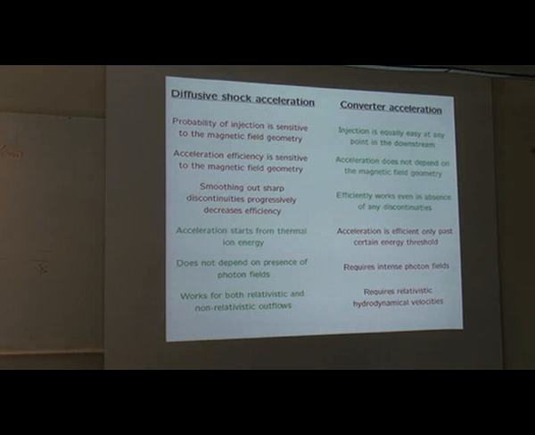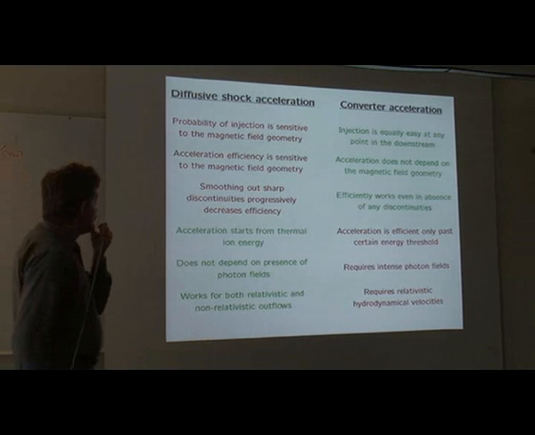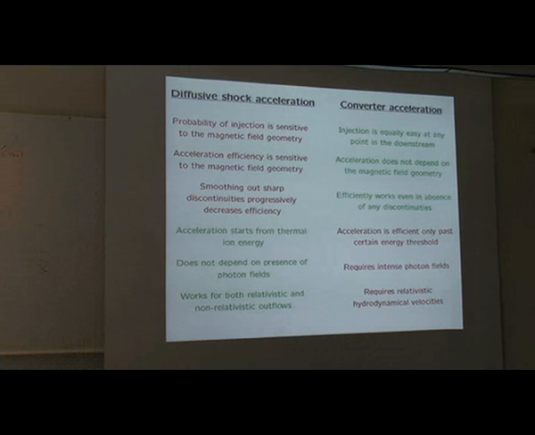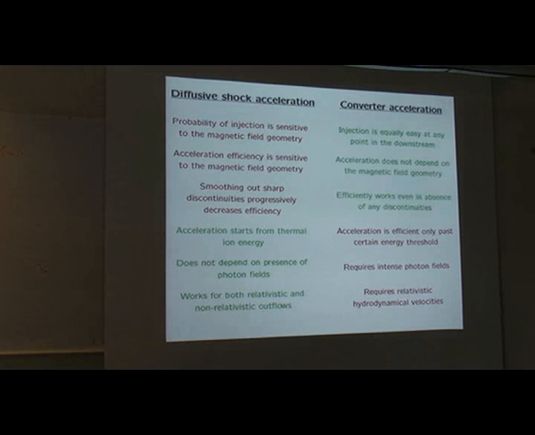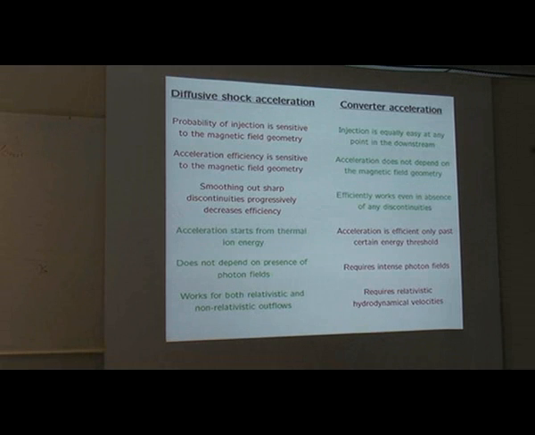Then acceleration efficiency itself is dependent on the magnetic field geometry in the sense that as you go to higher energy, in principle you can have a situation that the correlation length of the magnetic field is smaller than the gyro radius of the particle in this magnetic field. And then the deflection of the particle will be smaller than you expect in the case of uniform magnetic field. And that makes the limiting energy of acceleration smaller.